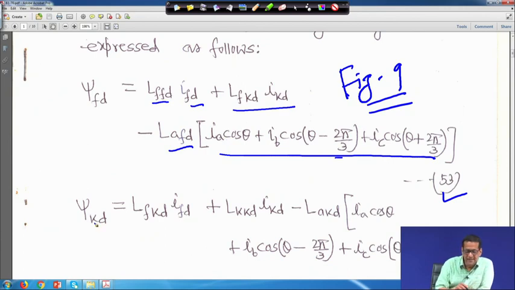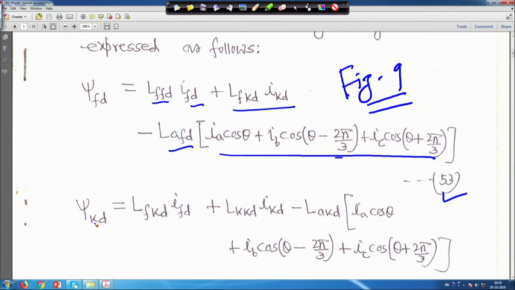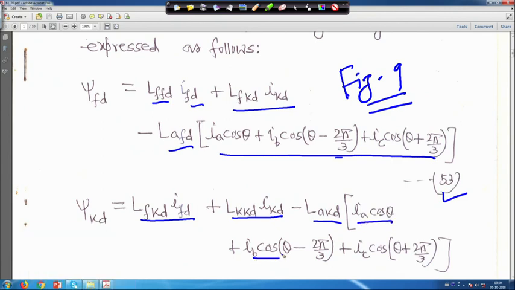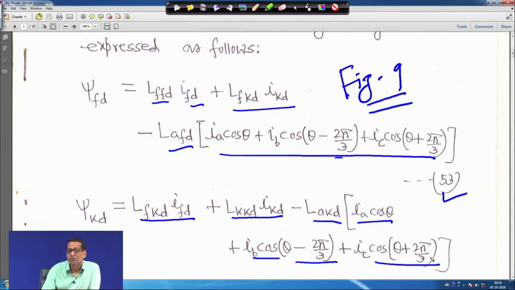Similarly, for psi KD, because you have a damper winding on the D axis also, again referring to figure 9, there also it is LFKD IFD plus LKKD IKD minus LAKD into the same bracket term: IA cos theta plus IB cos(theta minus 2 pi by 3) plus IC cos(theta plus 2 pi by 3).